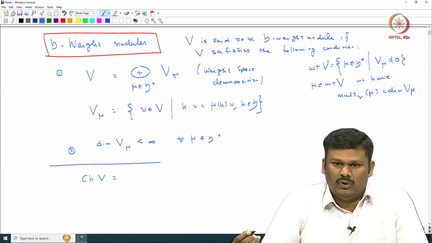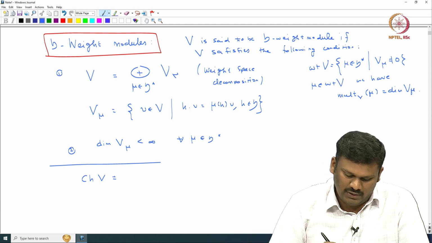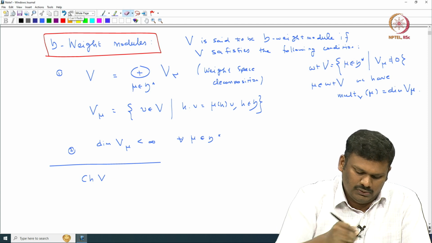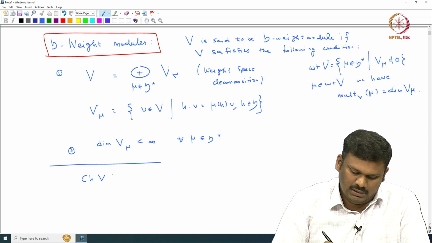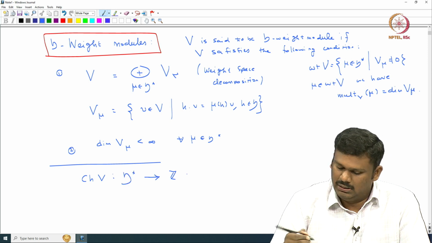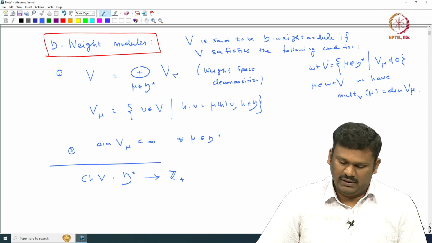So, then what we can do is simply define this function from H star to Z. Okay. So, this is one way of thinking about the character. So, we can define it to be a function from H star to Z. Actually, it goes to Z plus because the dimensions are all non-negative integers.